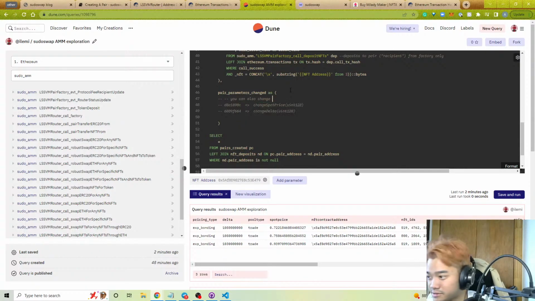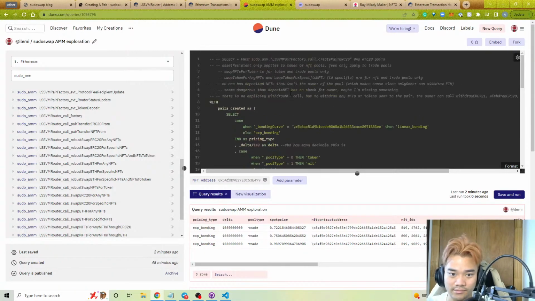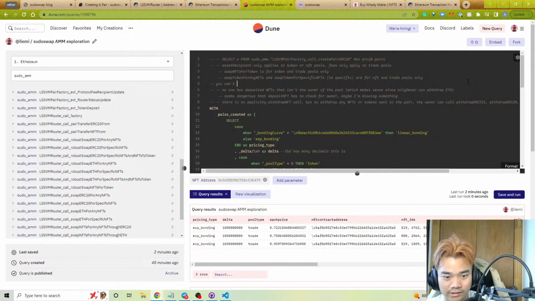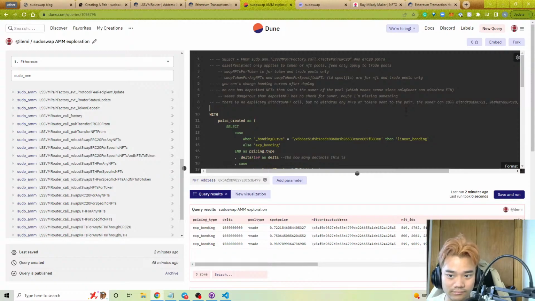You can also change fee and change asset recipient, but we don't care for those. You can't change bonding curves after deploy. Yet.